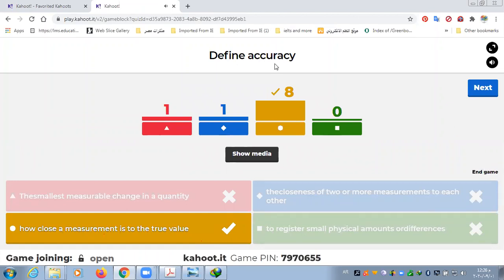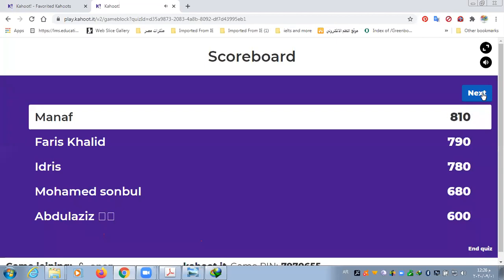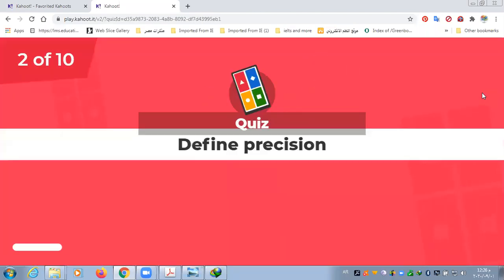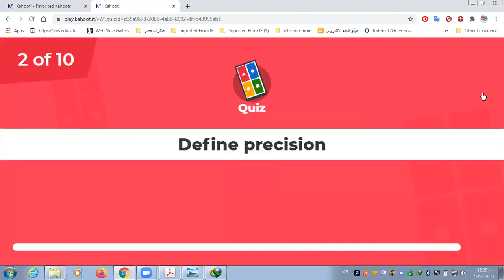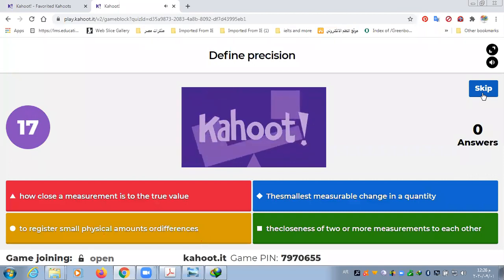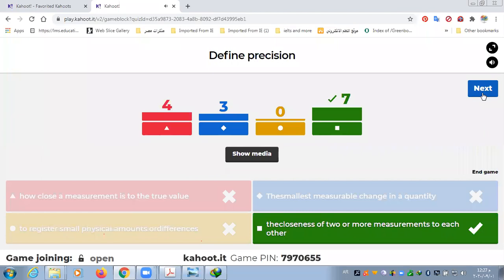Okay, very well. We are talking about accuracy. When you say accuracy, so search for the true value or the real value. Excellent.